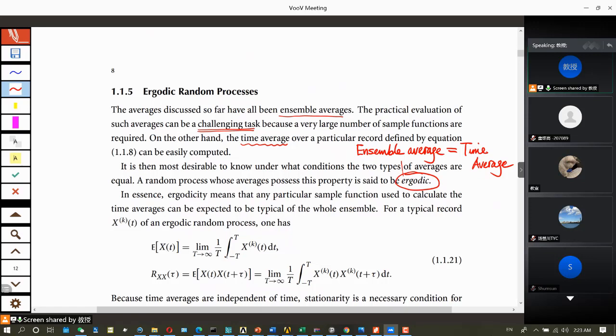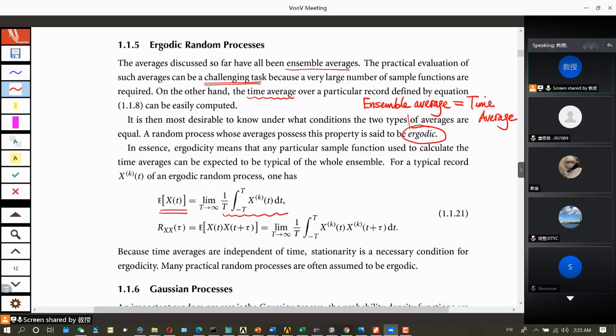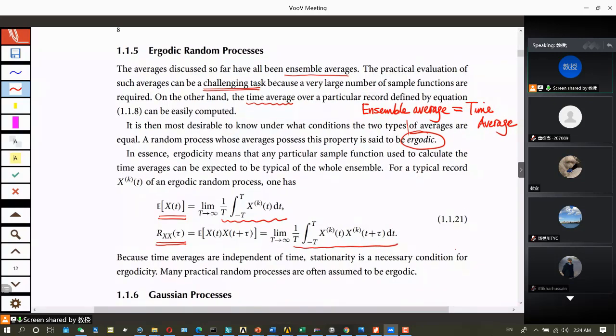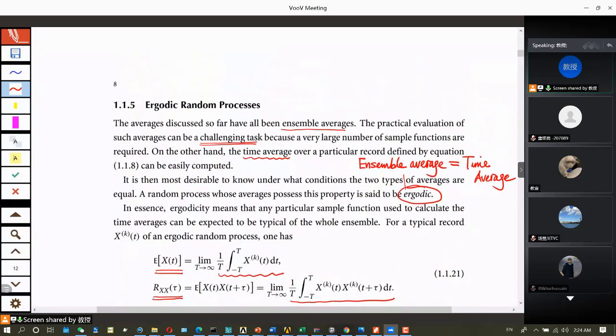So we can use the time average as the ensemble average, and then you can evaluate the correlation function using this formula.